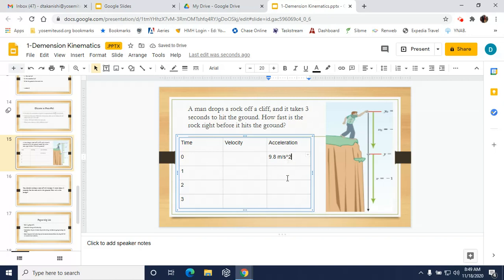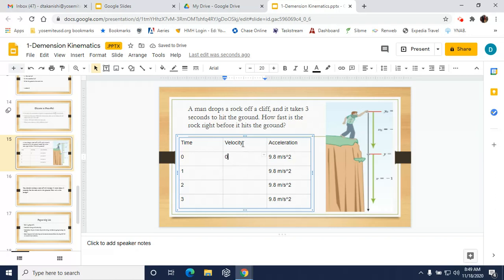Okay. So now we know that acceleration does not change. Everything accelerates to the ground at this acceleration, 9.8 meters per second. Okay, so now we initially start at rest, so it's at 0.